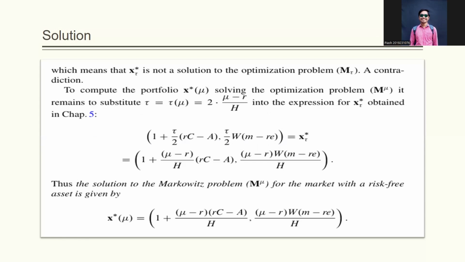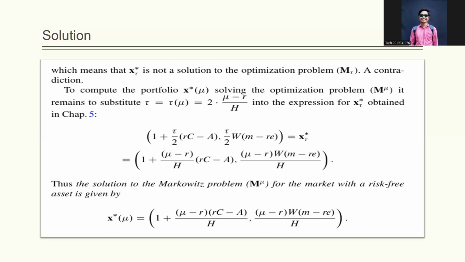To compute the portfolio x star mu, solving the optimization problem m to the power mu, it remains to substitute tau equals tau mu equals 2 into mu minus r divided by h into the expression for x star tau obtained in chapter 5. Now have a look at the equation.